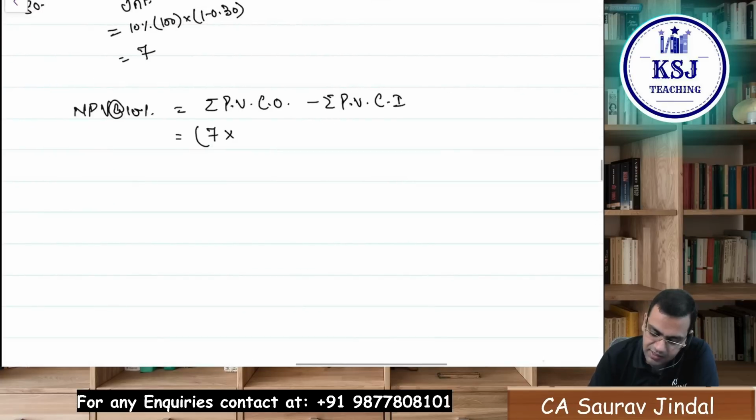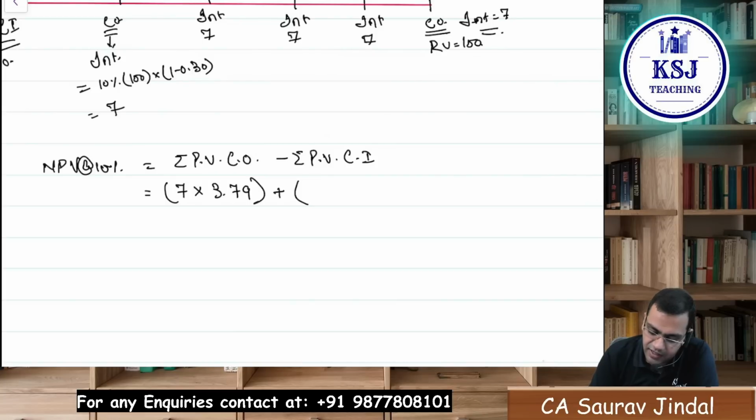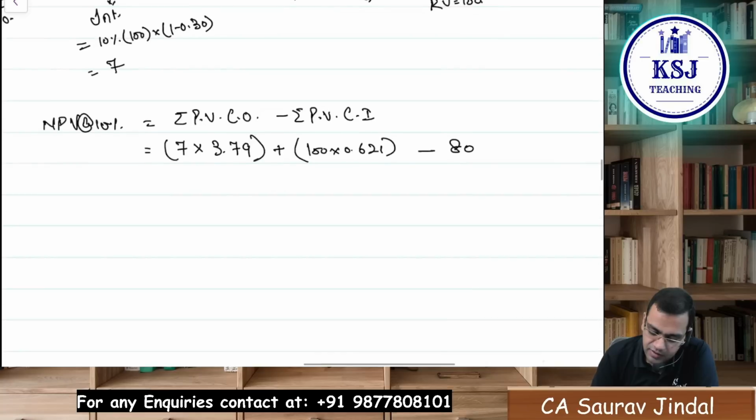So it will be 7 into 3.79 plus redemption value of 100 into 0.621 minus 80.